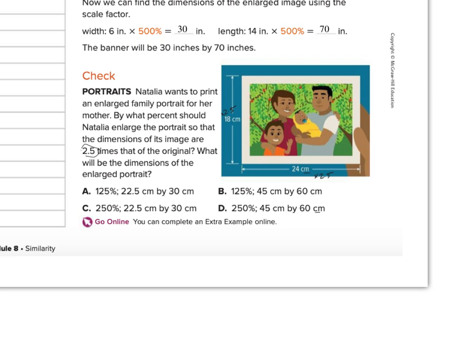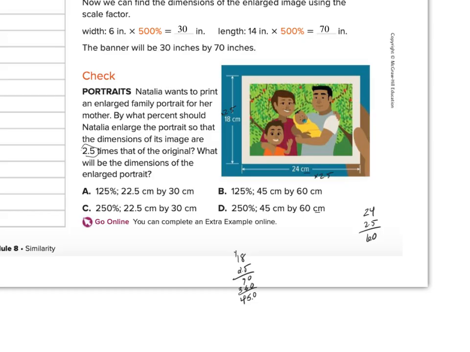Let's see, I have 24 times 2.5, which should be 60, and then 18 times 2.5 is 45.